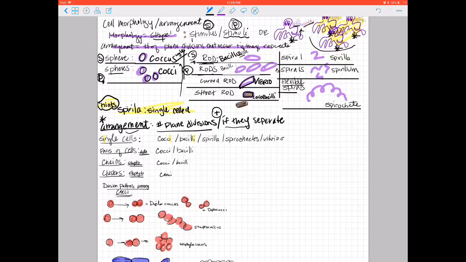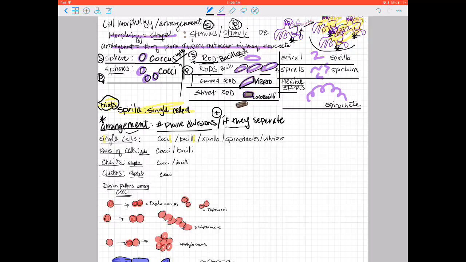When you look in the microscope and you see many rods, you say bacilli. Just like octopi, you see a whole family of octopi, you'd see bacilli, multiple. And that's the plural form.